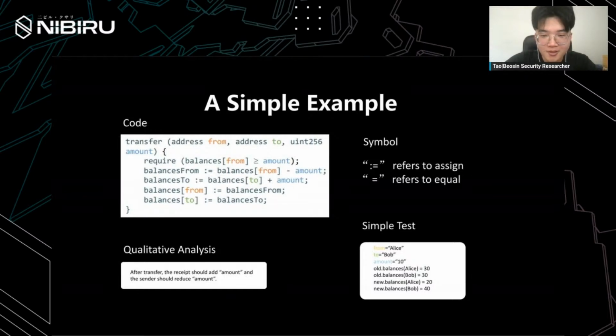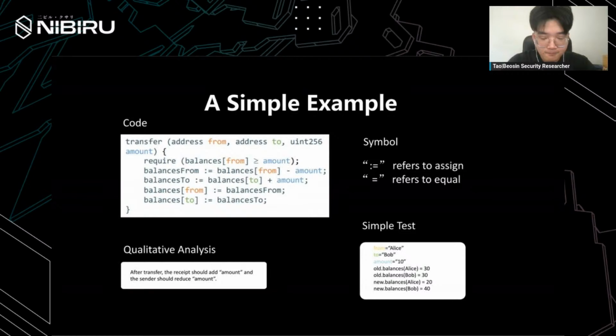Do you identify the security issues in this transfer function? So here is a single test, like the dynamic analysis or function testing we just mentioned before. If the sender is Alice and the receiver is Bob, and we just want to send 10 tokens from Alice to Bob, we can see the result is correct.